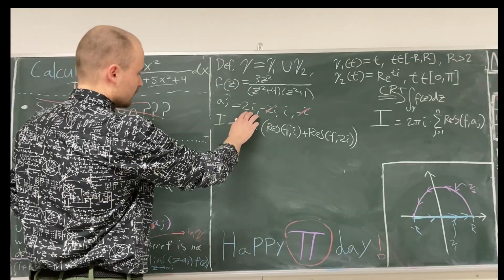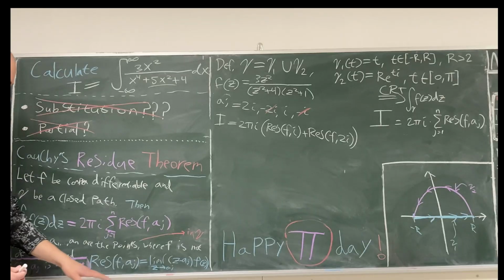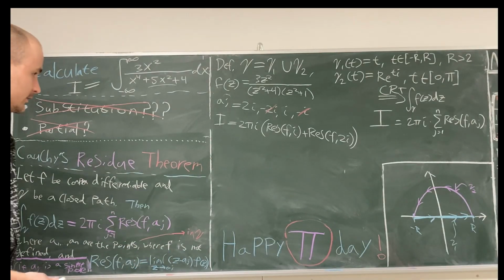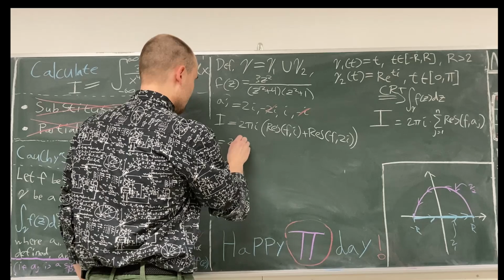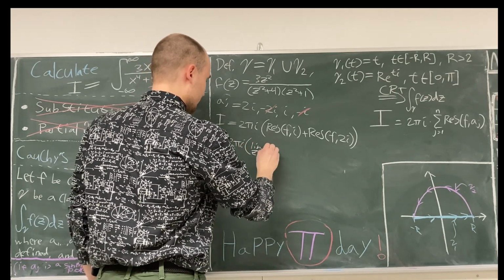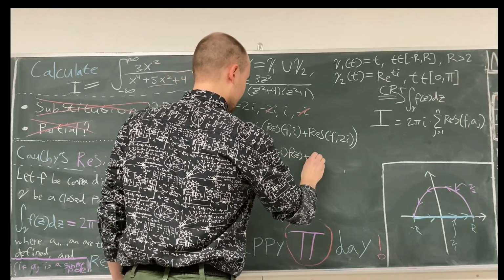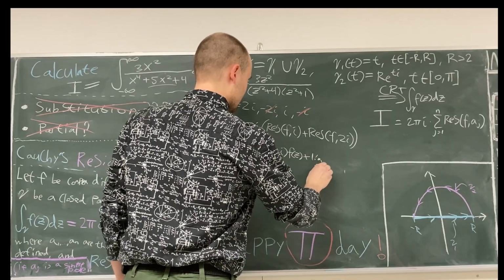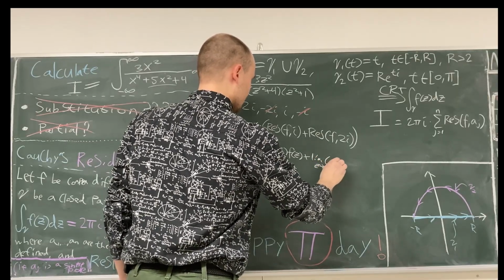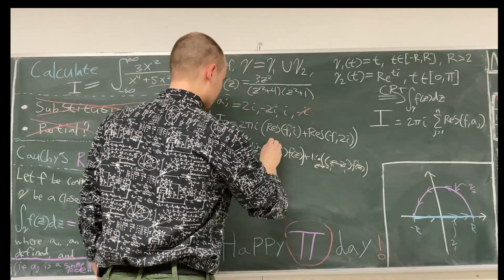So our root 2i and our root i both have multiplicity 1, which means that they're going to be simple poles of our function f. And that means that we can use this formula to calculate the residues. So this is going to be 2 pi i times the limit as z tends to i of z minus i f of z plus the limit as z goes to 2i of z minus 2i f of z. And yeah, f of z is obviously inside the limit.